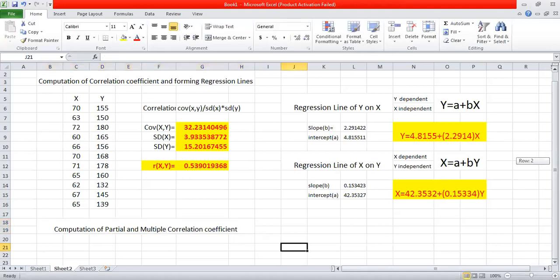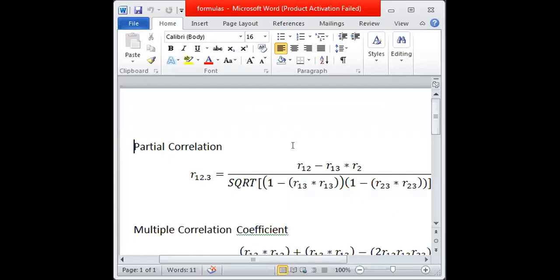Before that, you should remember the partial and multiple correlation coefficient formulas. So these are the partial and multiple correlation coefficient formulas.